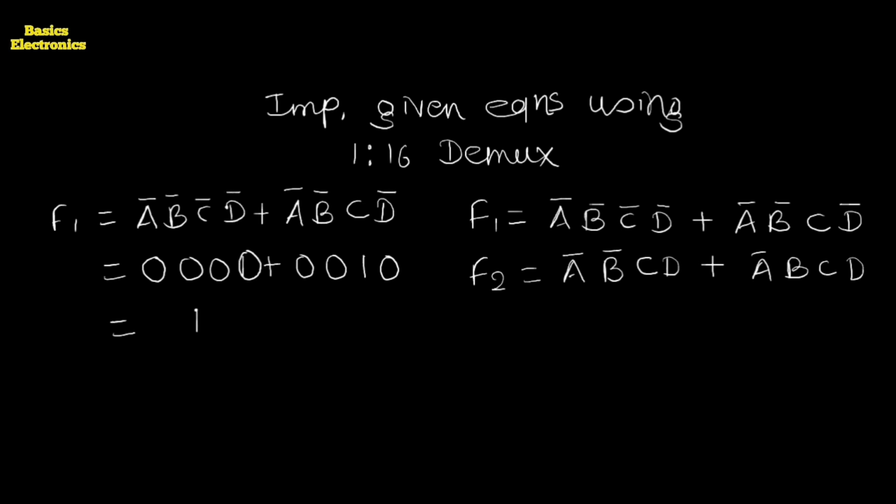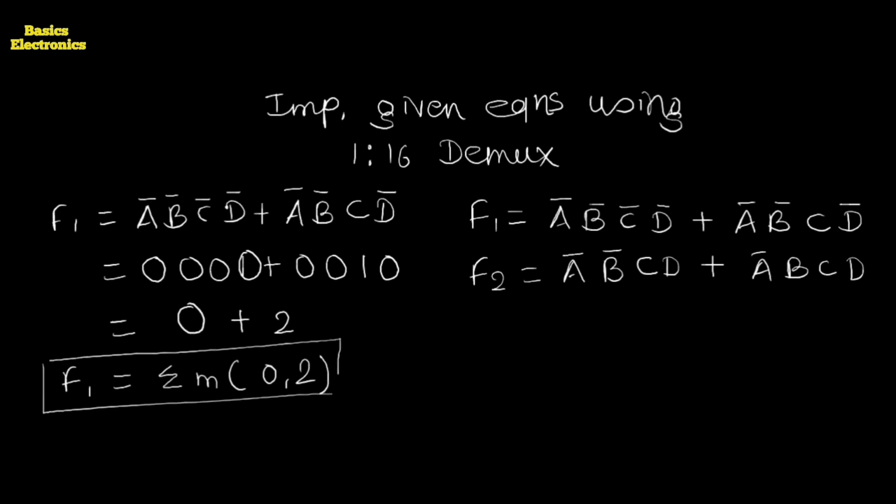Here it is D bar, sorry, its equivalent is 0 0 0 0, so we write 0, plus 0 0 1 0, which equals 2. So we can write the same equation in digit form as F1 equals summation of minterms 0, 2, and we very well know how we can implement this kind of logical equation. Like this, we will solve the second equation, the F2 equation.